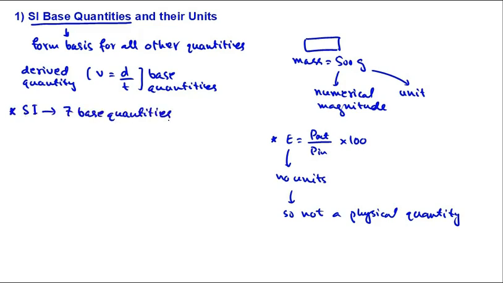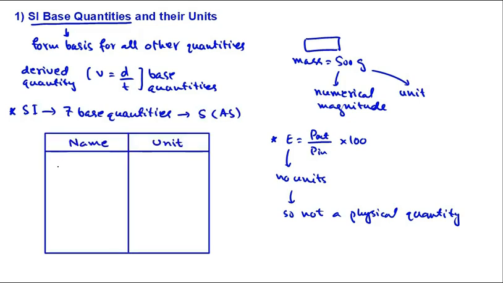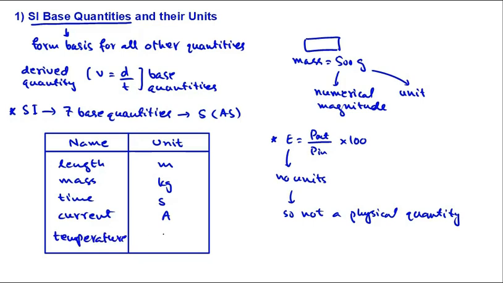But out of these 7 base quantities, only 5 are included in our AS physics syllabus, and you have to memorize their names as well as units, which are: length, unit meter; mass, unit kilogram; time, unit second; current, unit ampere, denoted by capital A; and temperature, unit Kelvin, denoted by capital K. Students, these are the 5 base quantities included in the AS physics syllabus, and these are their units.